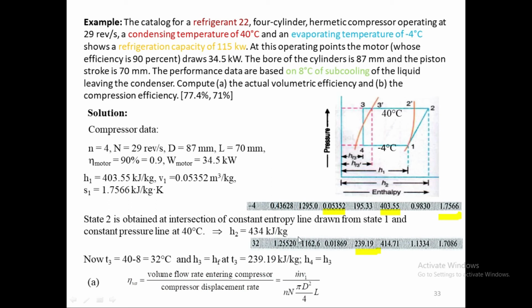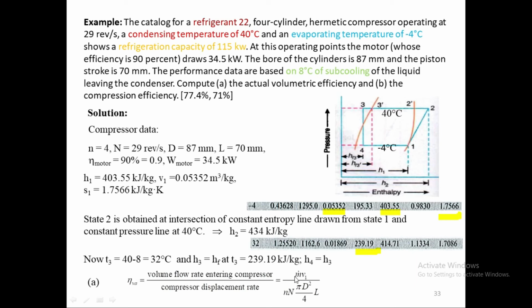We know V1 right here. We found that out, but we need to calculate m dot, the mass flow rate. When we multiply mass flow rate with the specific volume, it will give you the volume flow rate, the capital V dot. The volume flow rate divided by the swept volume or the displacement rate. Okay, that will be the actual volumetric efficiency.